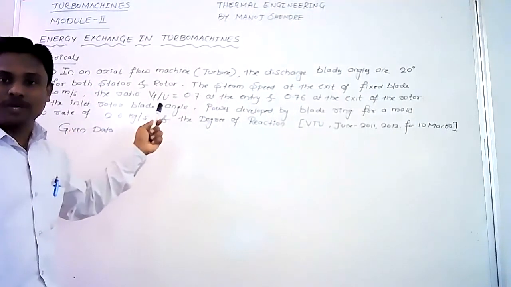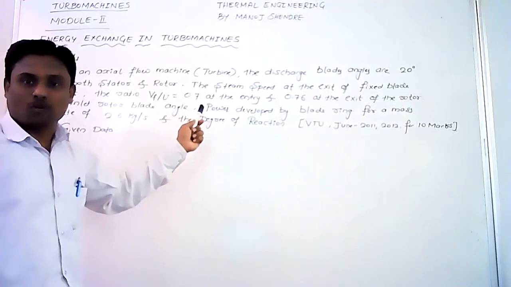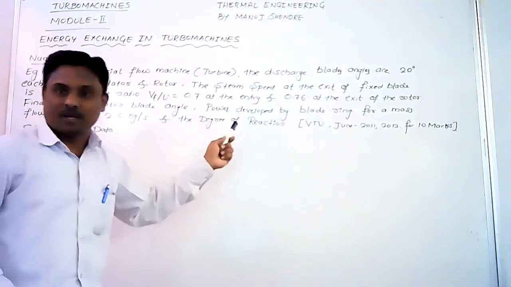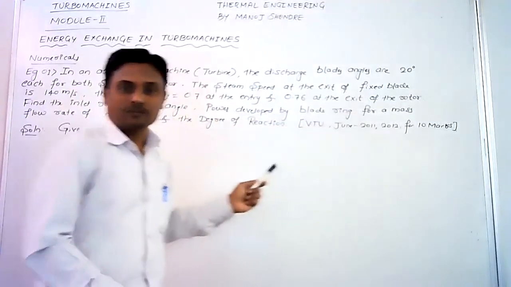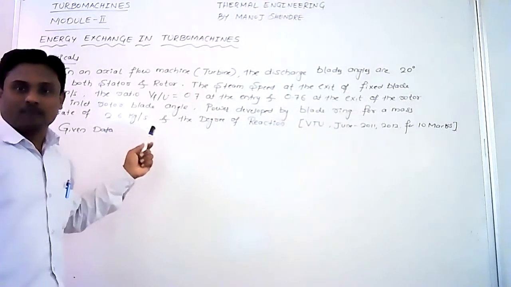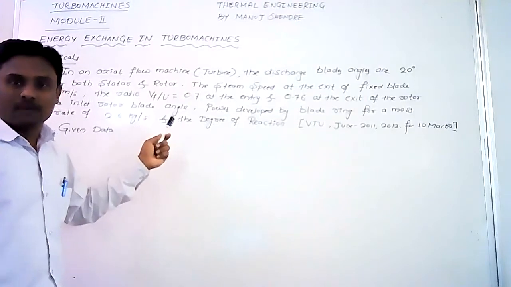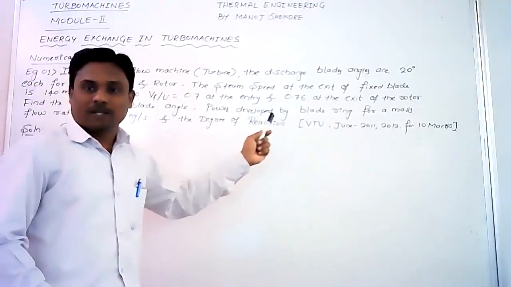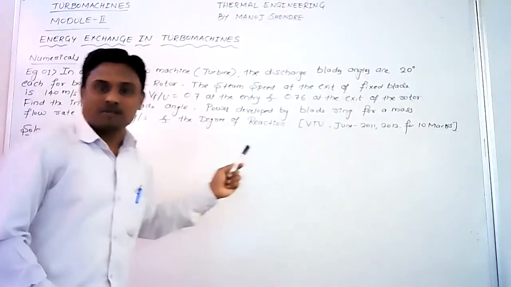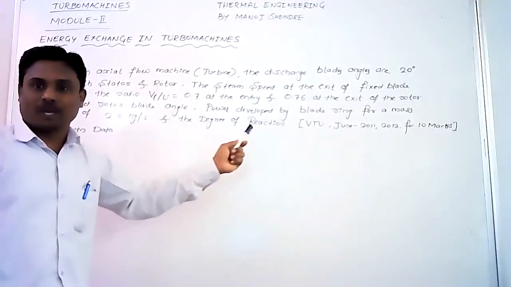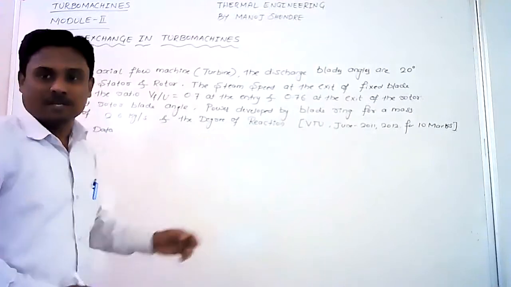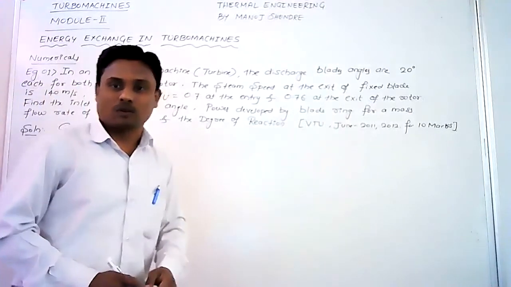The ratio Vf by U is equal to 0.7 at the entry and 0.76 at the exit of rotor. Find the inlet blade angle, power developed by the blade ring for a mass flow rate of 2.6 kg per second, and the degree of reaction. So this was asked in the year June 2011 and 2012.